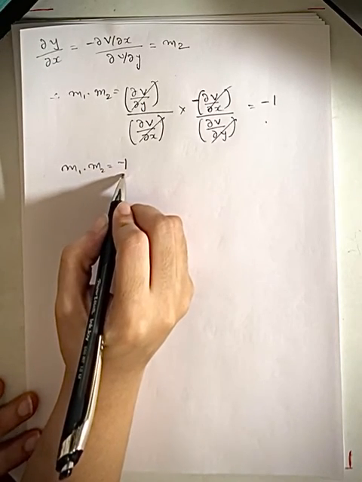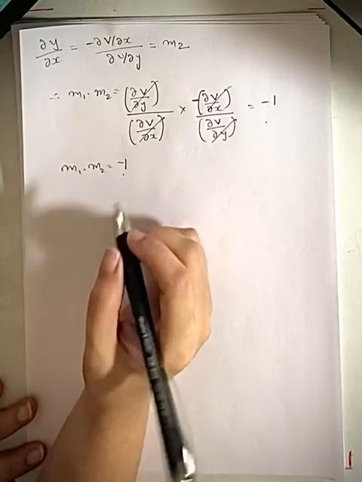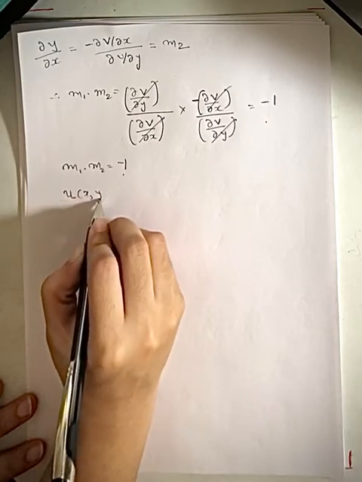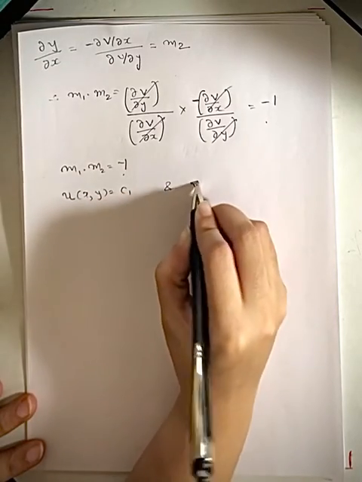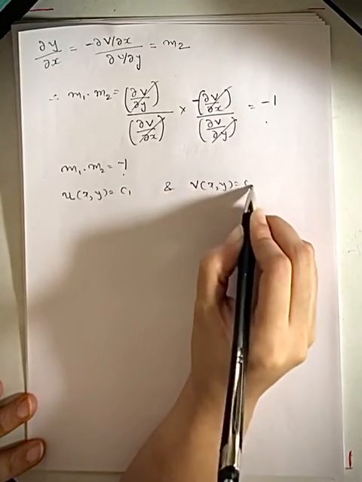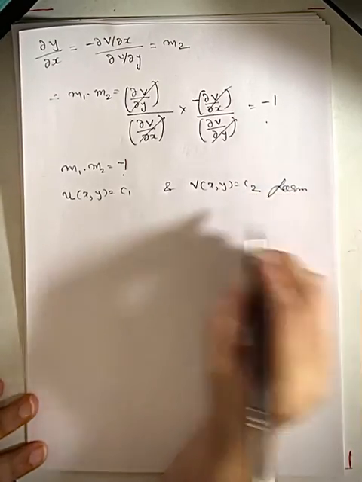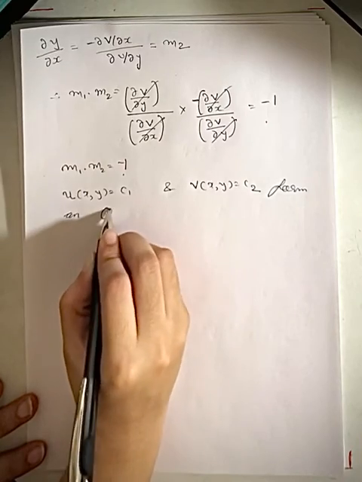And this says that u of xy equals c1 and v of xy equals c2 form an orthogonal system.